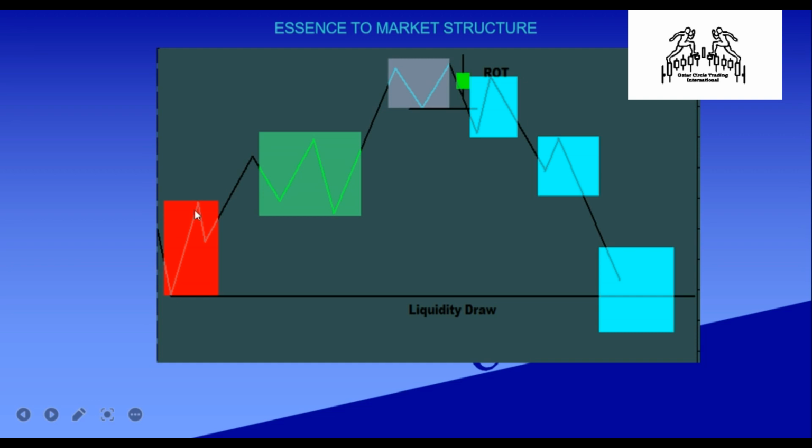So this sell model will be composed of an accumulation, reaccumulation, a distribution, a redistribution, a distribution also, and a final redistribution on the draw on liquidity. This final distribution can break the low, and there can be also a further move to the downside, but ourselves, we are targeting this low.